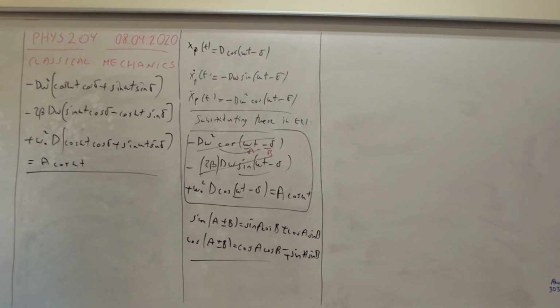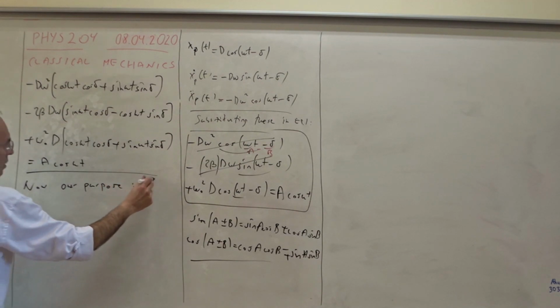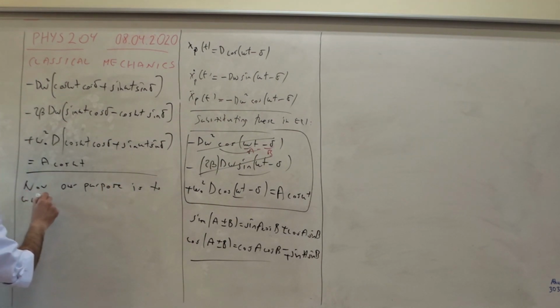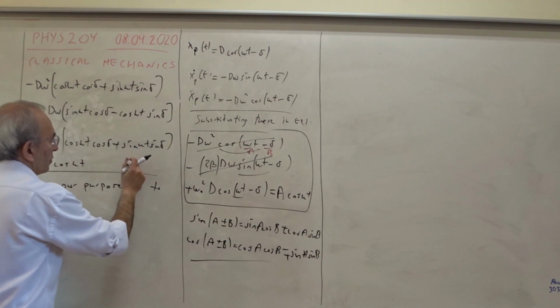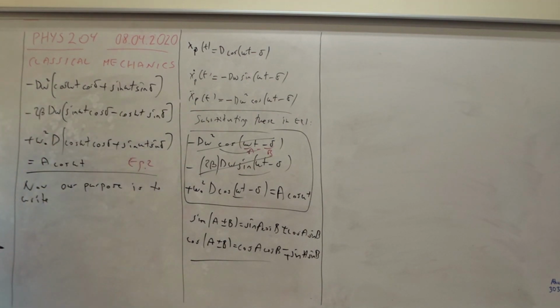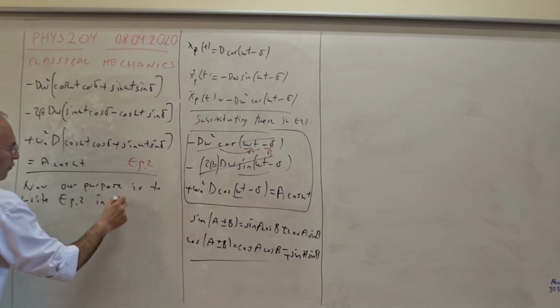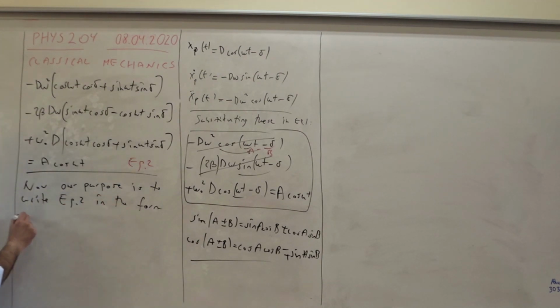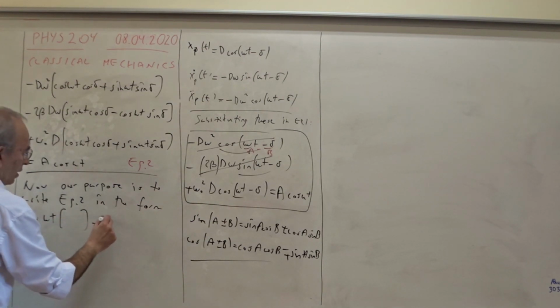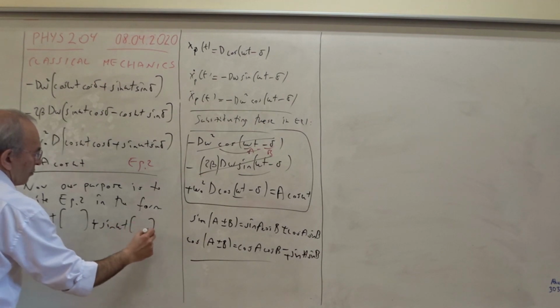Where do we want to go from this expression? Now our purpose is to write this, let me call it equation 2, in the form cosine omega t times something plus sine omega t times something else is equal to 0.